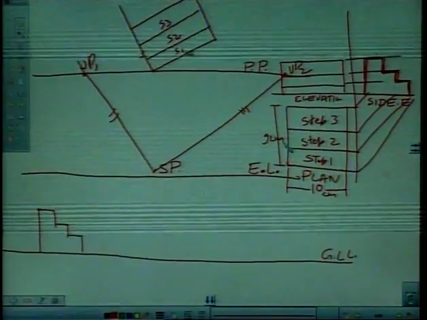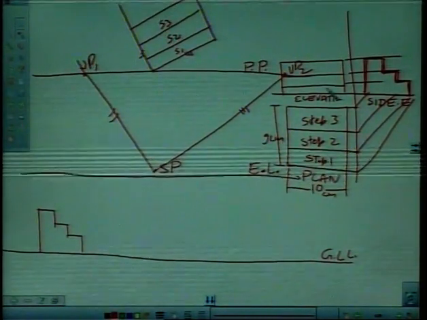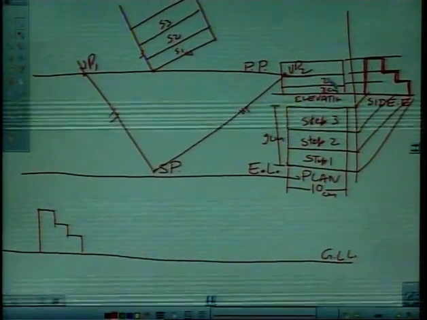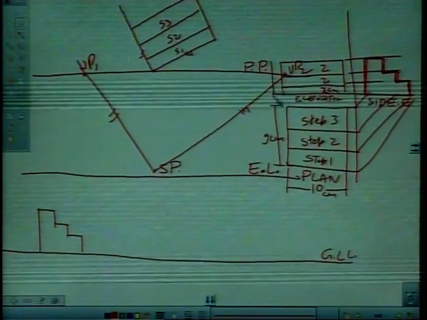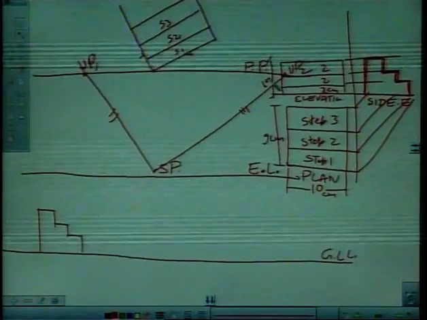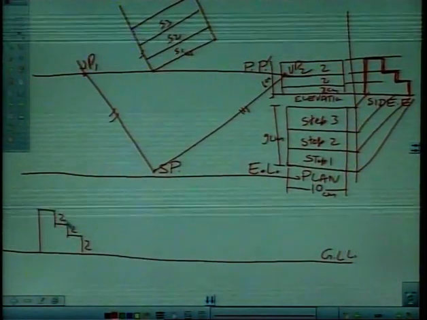Each step is of 3 and 3 centimeter, and height wise say 2 centimeter, 2 centimeter and 2 centimeter. Total height is say 6 centimeters, right.